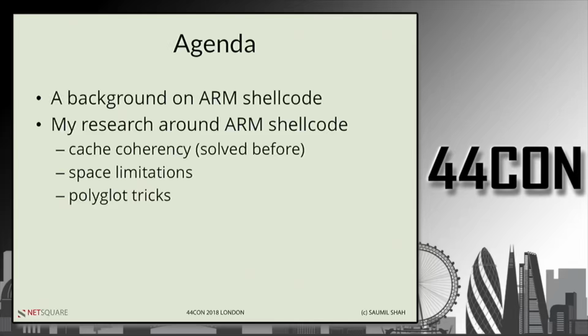The first area was cache coherency, but this problem has been solved before in several other techniques. So what I'm going to focus upon today is shellcode where space is tight and you have really limited space, and some polyglot tricks that I've been working upon.